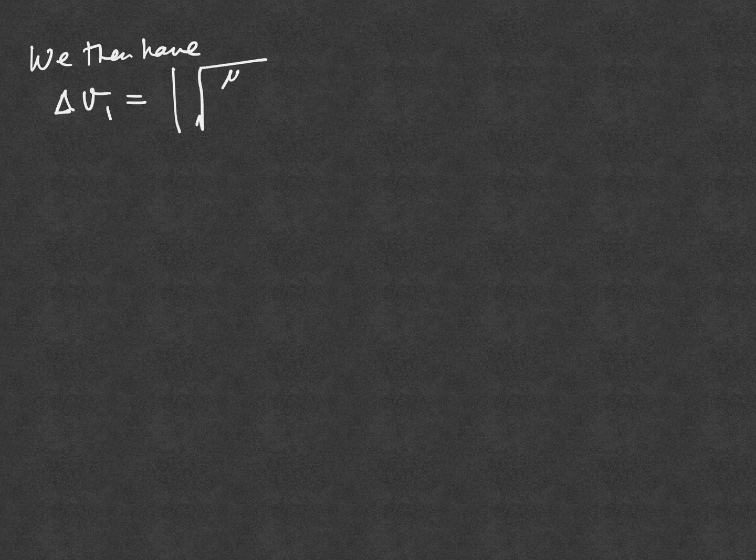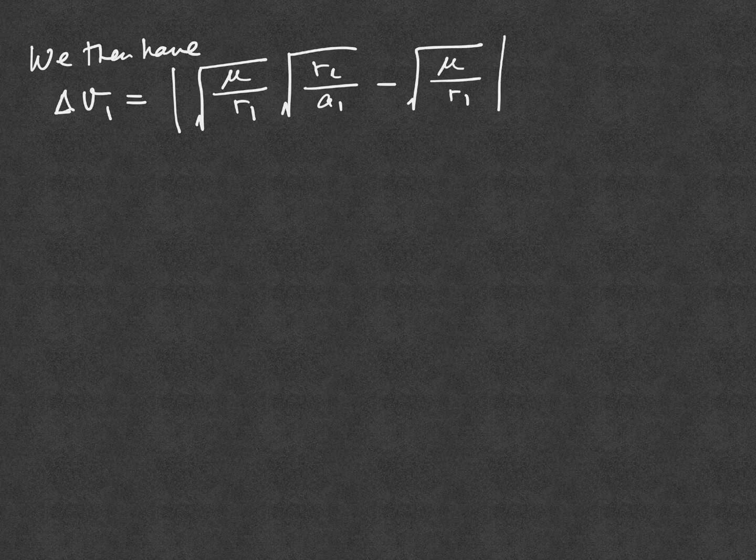So we then have that delta V1 is equal to the absolute value of the square root of mu over R1 times the square root of Ri over A1 minus the square root of mu over R1.